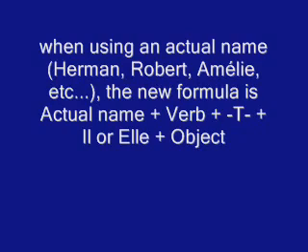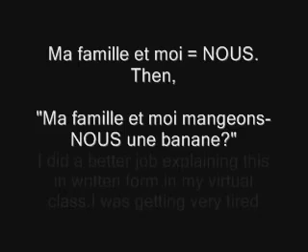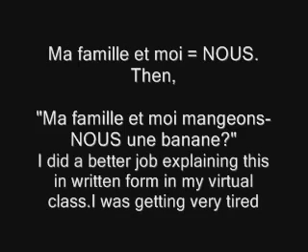If it was Véronique, a girl, it would be Véronique mange-t-elle une banane? If the subject was nous, let's say it was a group of people in which I was included, I would say, let's say, ma famille et moi mangeons-nous une banane?